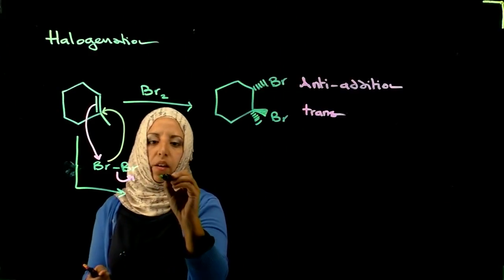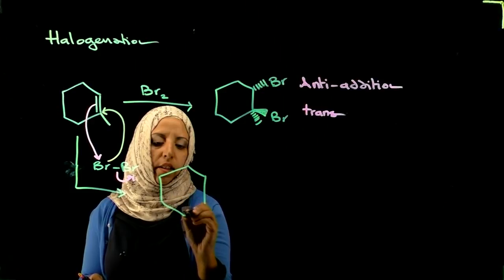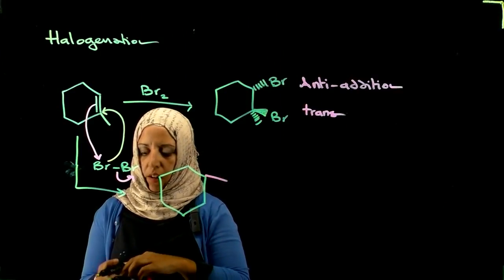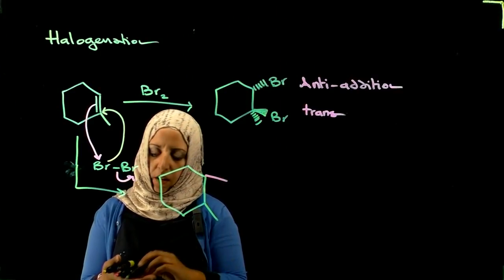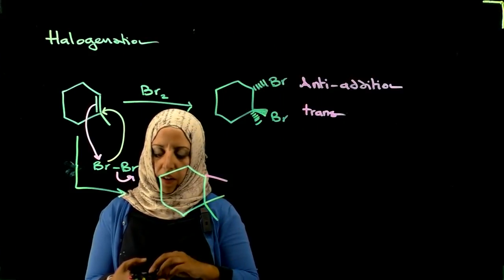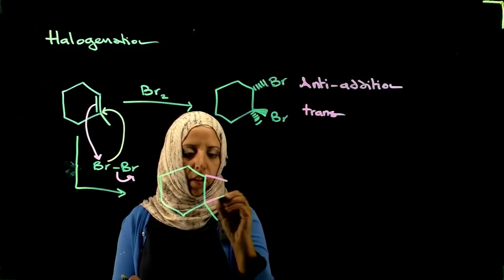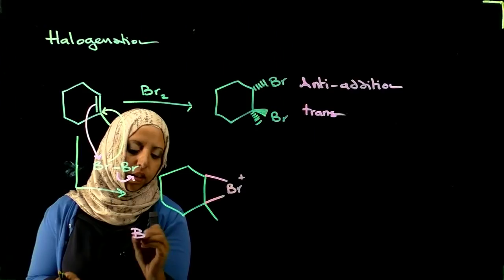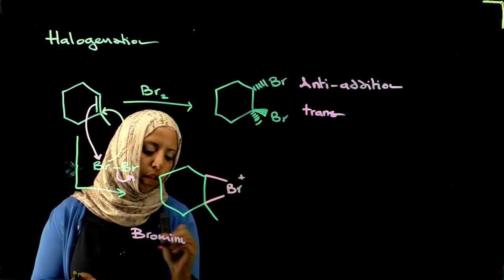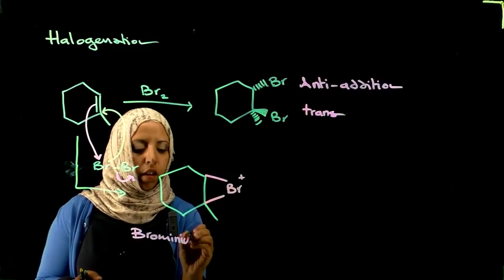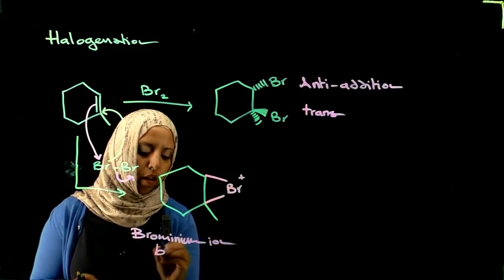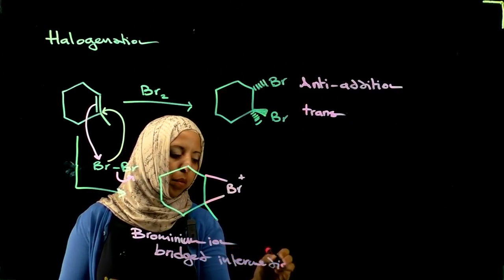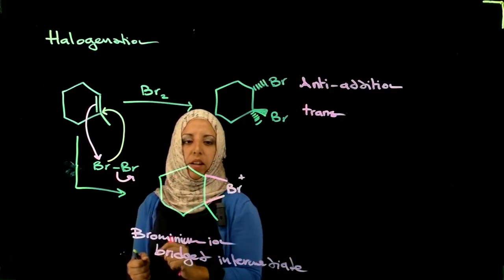And the result is what we call a bromonium ion bridged intermediate, much like an epoxide, right?